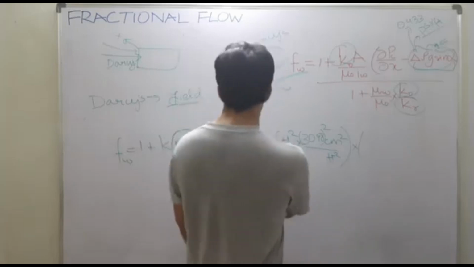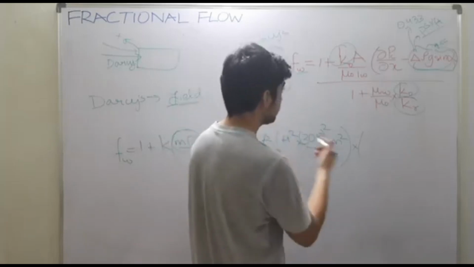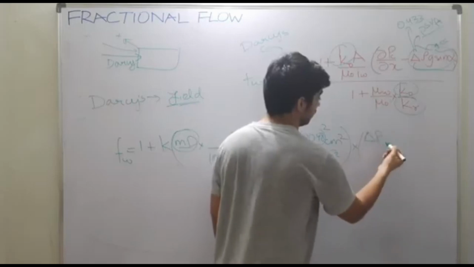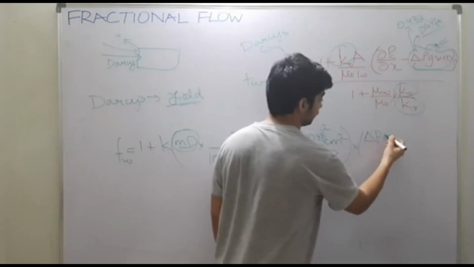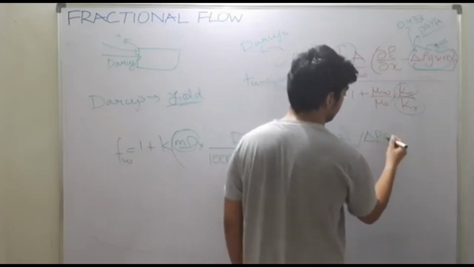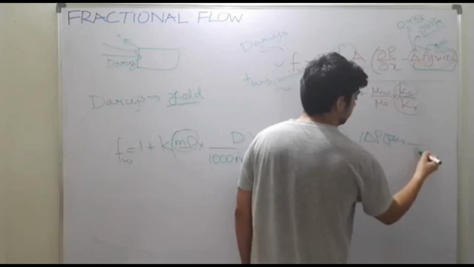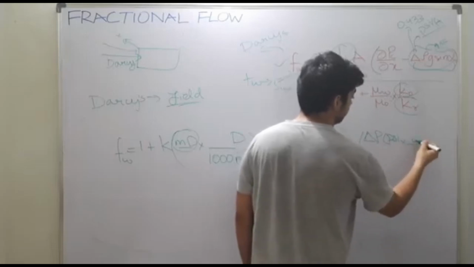So we have calculated permeability and area, and next we have pressure. Pressure can be given by psi in field, and we have ATM.